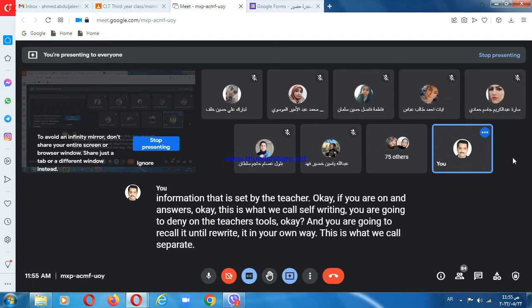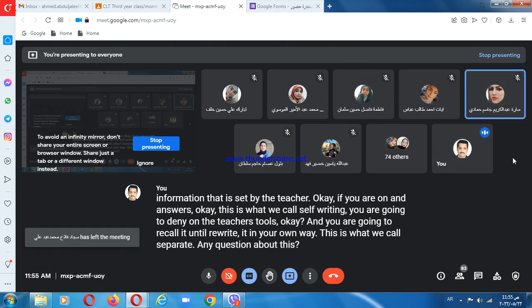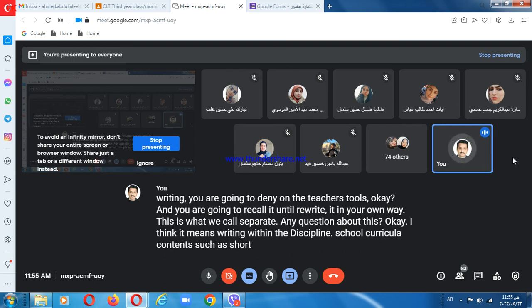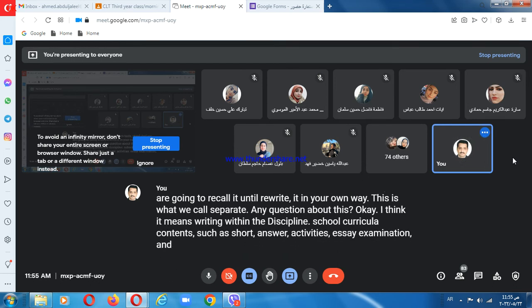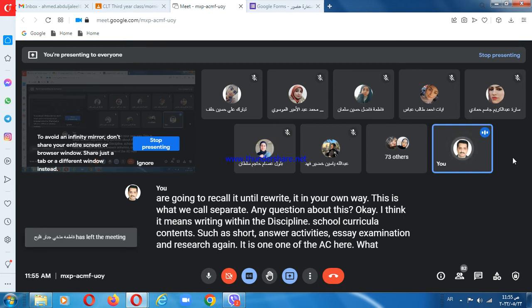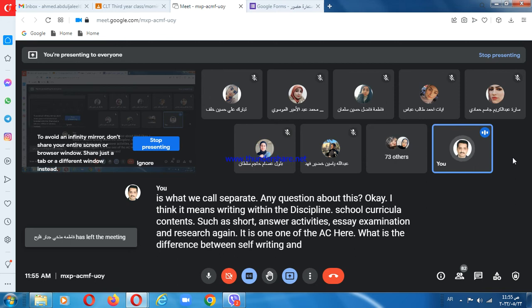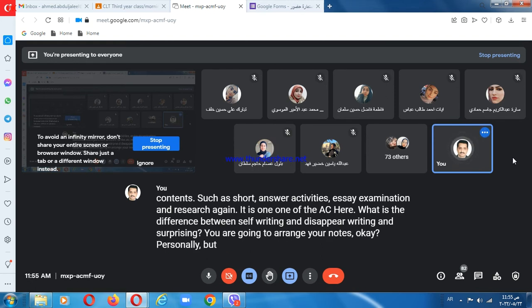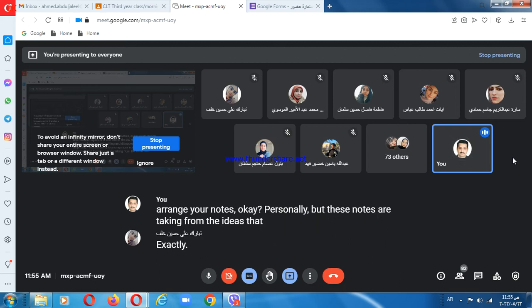Any question about this? No, exactly. Okay. Display writing. It means writing within the school curricula content such as short answer activities, essays, examinations, and research. What is the difference between self-writing and display writing? In self-writing, you are going to arrange your notes personally, but these notes are taken from the ideas that are said by the teacher.